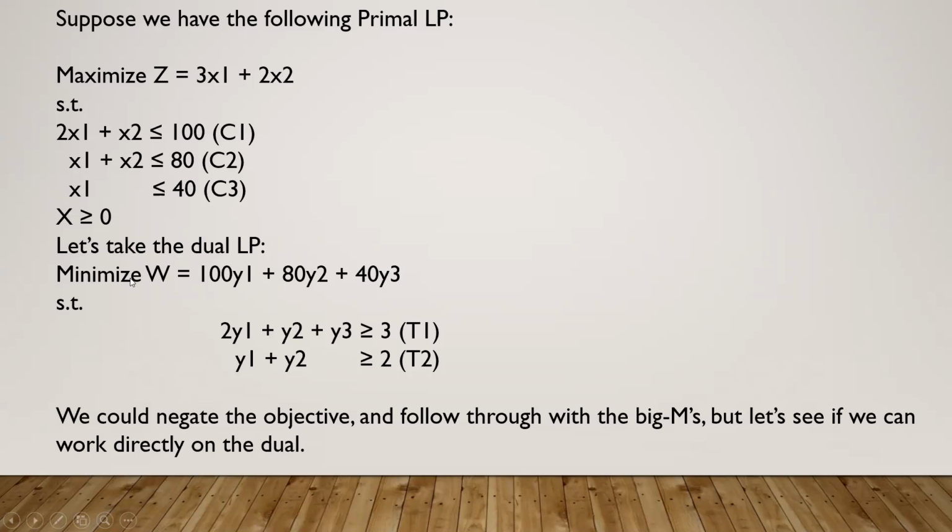So your minimization problem will be minimize W. Originally we have maximize, and the problem became minimize. So the coefficient, or the cost, for your decision variables in the dual will depend on how many constraints you have. So we have here y1, y2, y3. So we have 3 constraints.